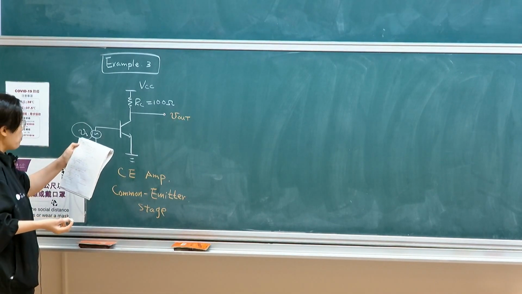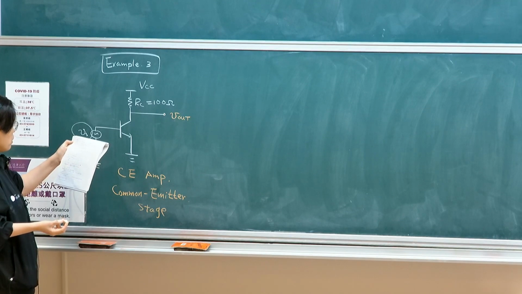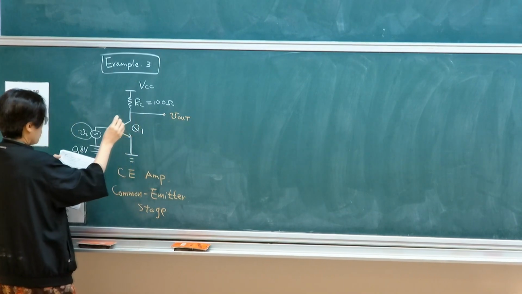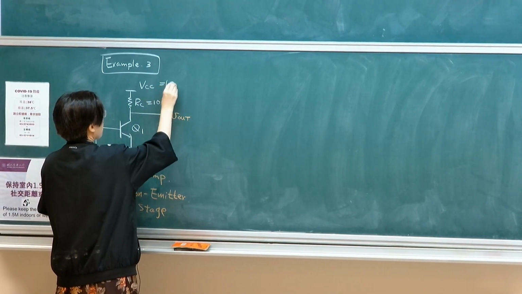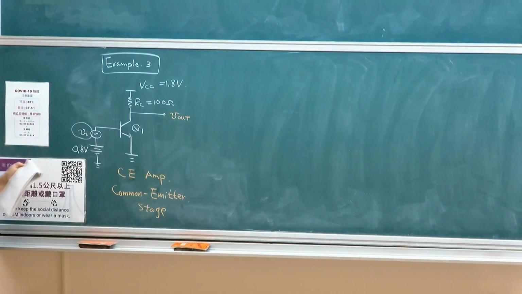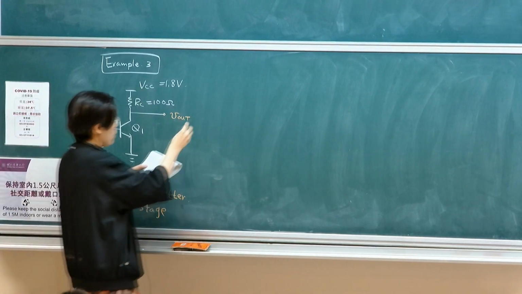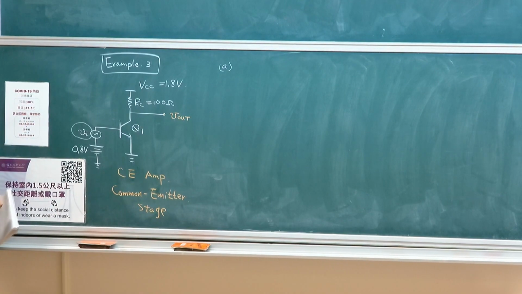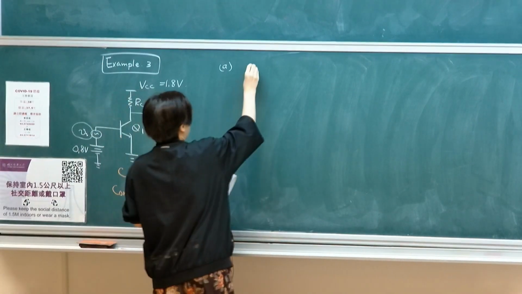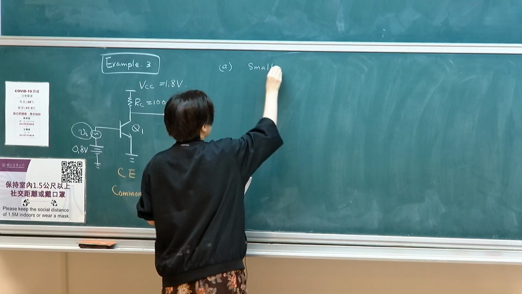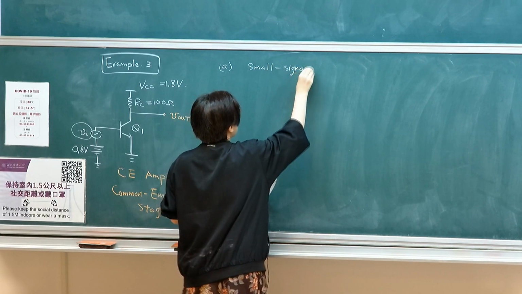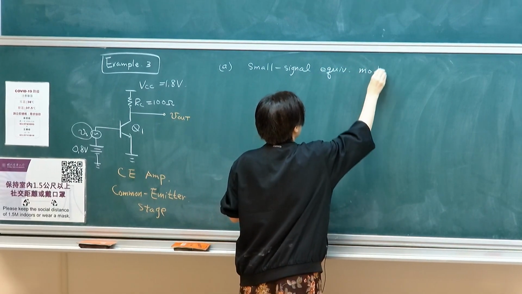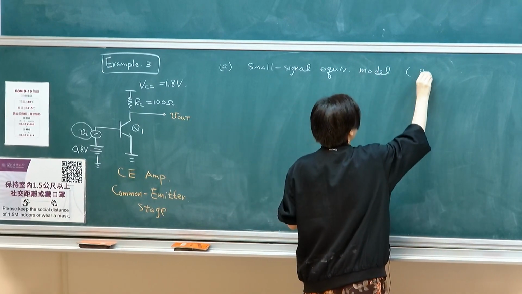So first of all, I'm going to give you these parameters. A complete process Q1. So this is 1.8 volt. Okay? There are 3 parts to the problem. First, before we do any small signal analysis, you want to establish your small signal equivalent model, and also the parameters, with gm and r pi.